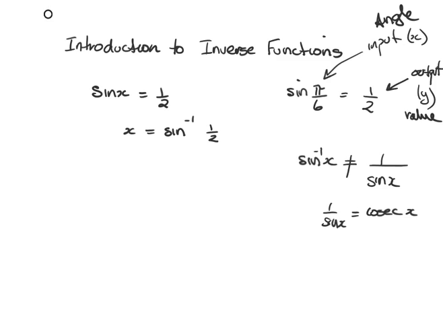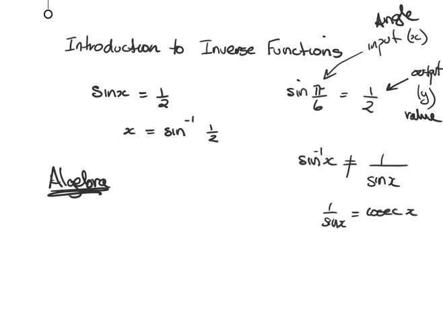You have to really focus on this being a whole swap of input and output, which then takes me on to the algebraic form of an inverse function. In terms of the algebra, it's just exactly what I've described. We're going to swap the x and the y.